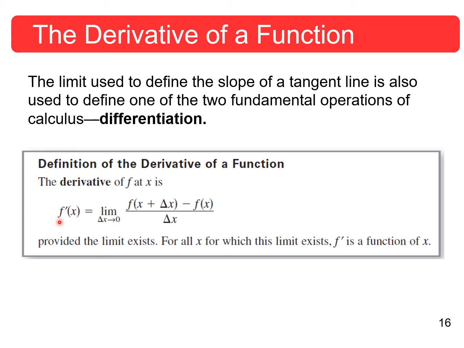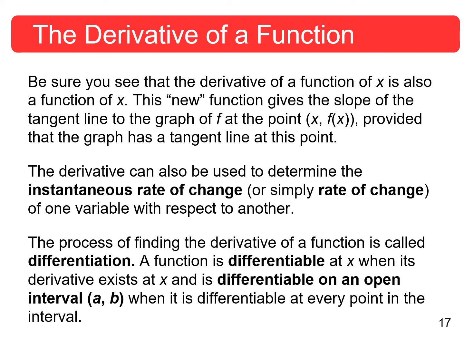It is denoted by f prime of x, and this is just equal to the limit of f of x plus delta x minus f of x over delta x as delta x approaches 0. Note that this f prime of x is a function of x. Be sure to see that the derivative of a function of x is also a function of x.